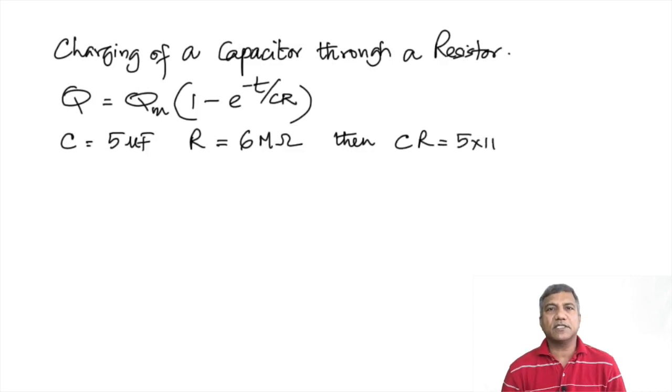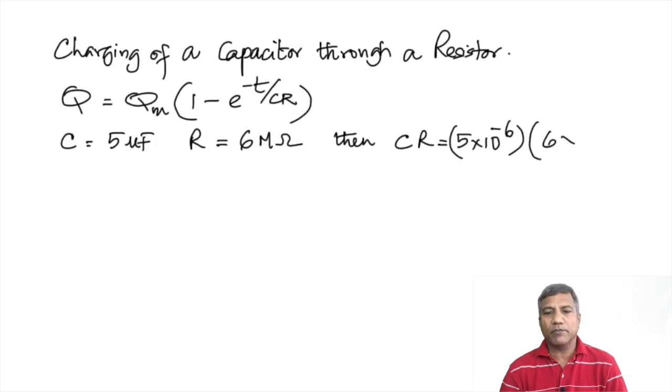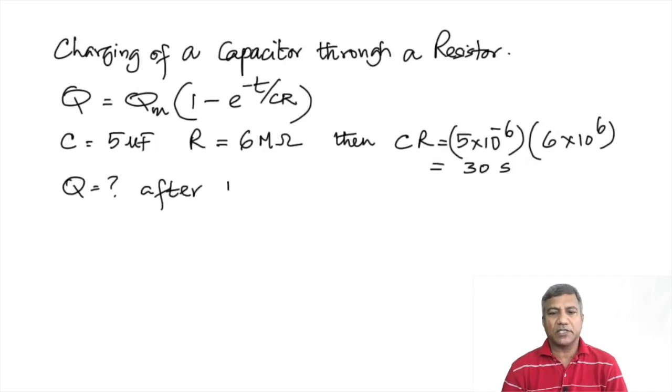So let's say C is 5 microfarad, the resistance is 6 mega ohm, and then the time constant is the product of C and R. Remember, mega is 10 to the 6, so we get the time constant in this case to be really big, it's 30 seconds, because the value of the resistance is in mega ohms.